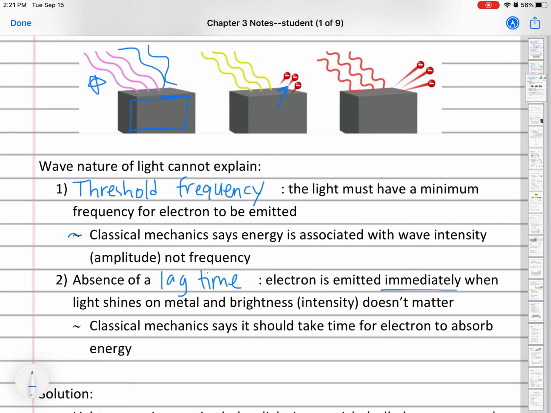And then the more light you shine, the more electrons pop off. But immediately, if it's the right frequency, it pops these electrons off. And if it's an even higher frequency than that, they move faster when they pop off. They'll fly off even faster. Right? So this phenomenon was well observed.